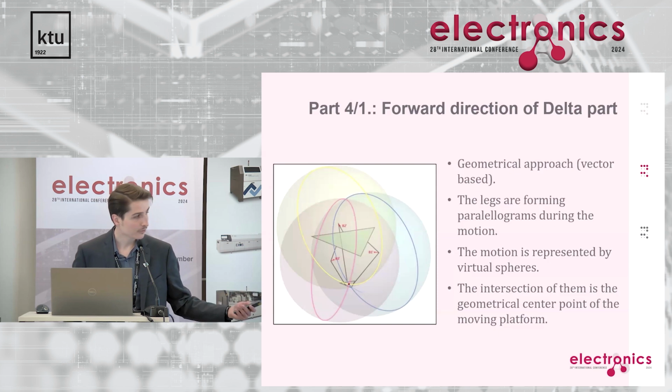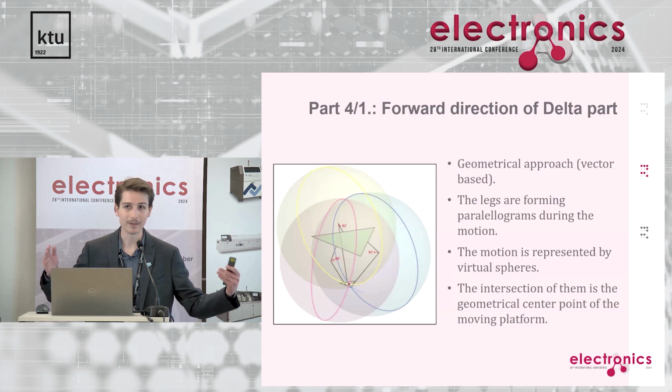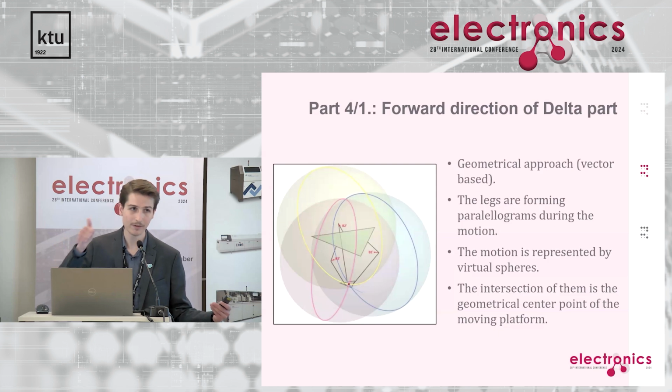The intersection of these spheres results the center point, the geometrical center point of this moving platform. If the z coordinates of the 3 spheres are the same, it means that at least 2 of the legs are in symmetrical position, then dividing by 0 can happen during the calculation. So that's one possibility for a singularity.